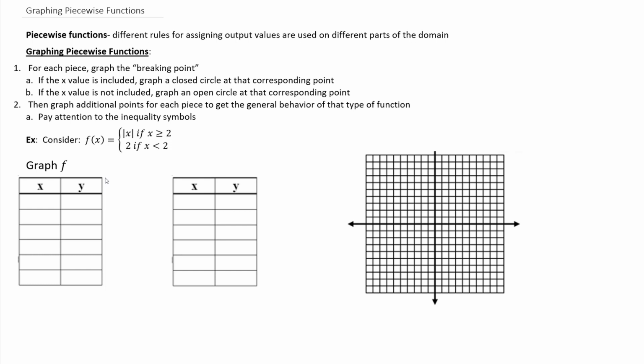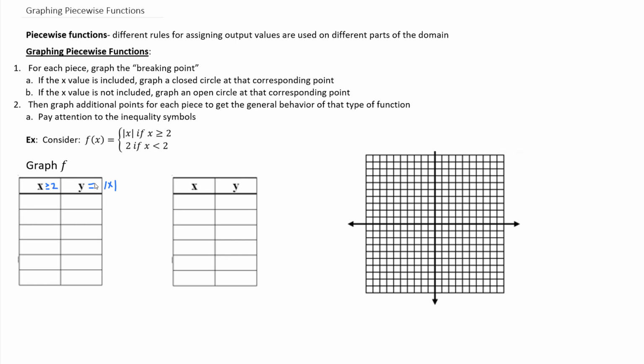We have f of x and it's broken into two pieces. The first piece is that your f of x equals the absolute value of x. So I'm going to just put y equals the absolute value of x since it's basically the same thing. And that's when x is greater than or equal to 2. So I'm going to put that also in my table.